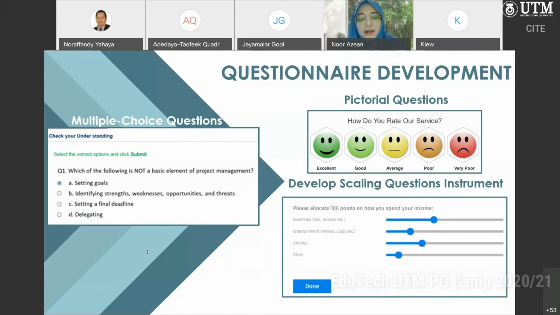Even for people my age, 40 plus, a pictorial question is actually easy for me to answer. So I love to change. Instead of using the normal Likert scale, I use this pictorial question. So use your creativity when you come up with your questionnaire, and develop it appropriately.